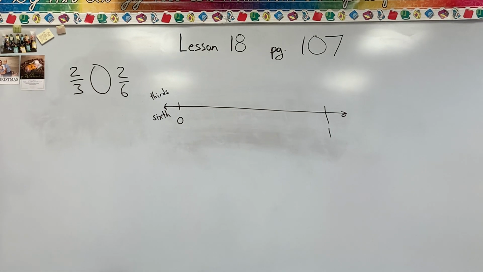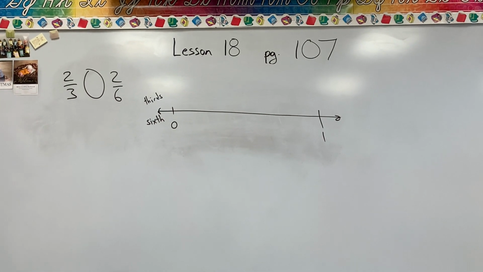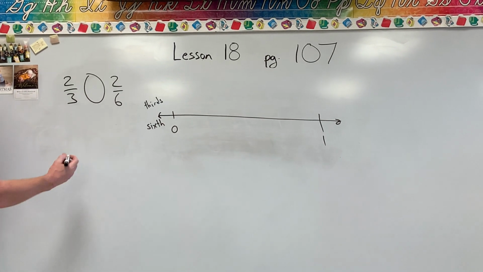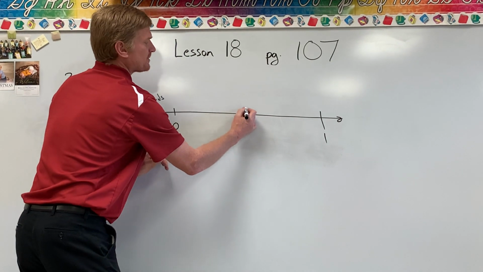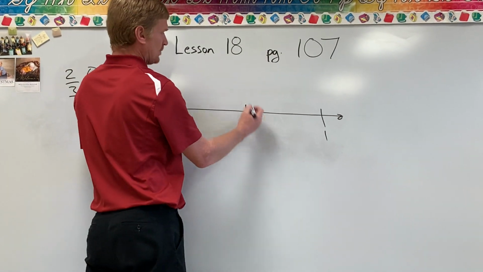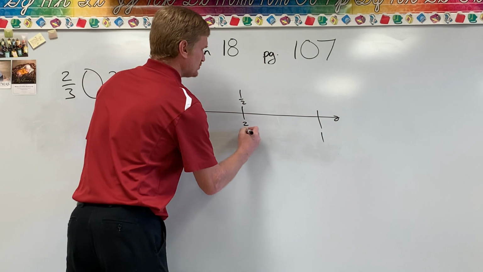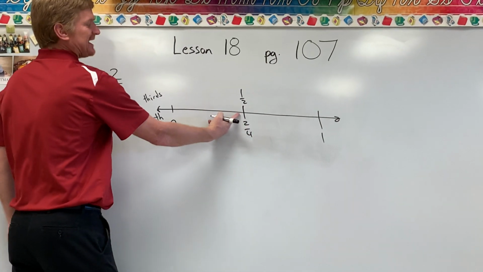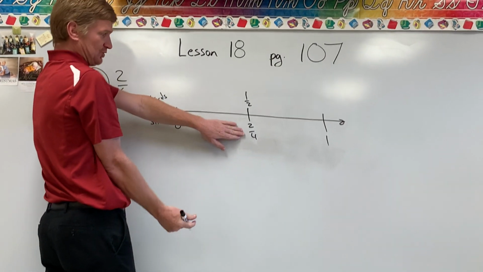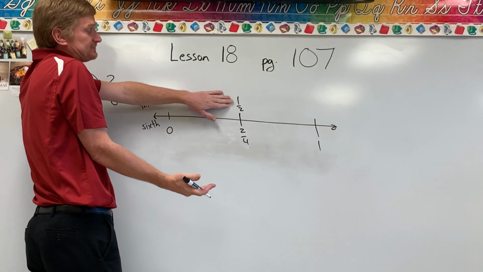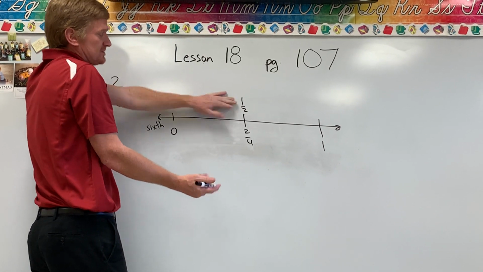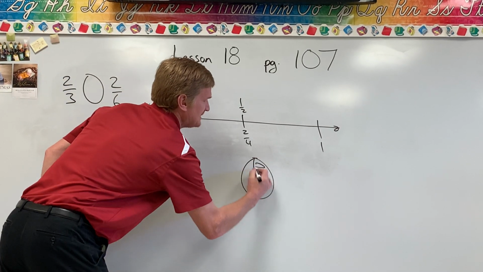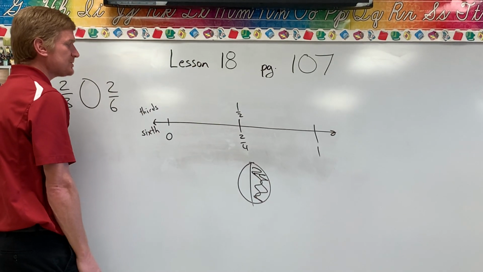Okay? And something we didn't talk about on the last one: on our last problem, we had 1/2 and also 2/4. So you can use the same line, meaning the same fraction, because 2/4 is half. Okay? So if I had half of a pizza, it'd be that much.